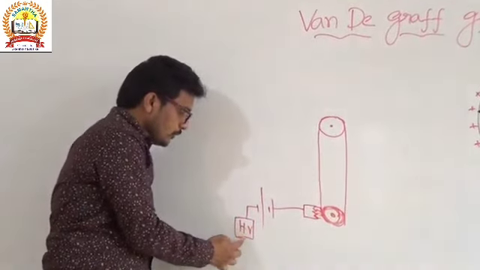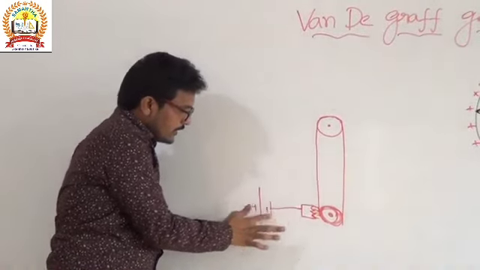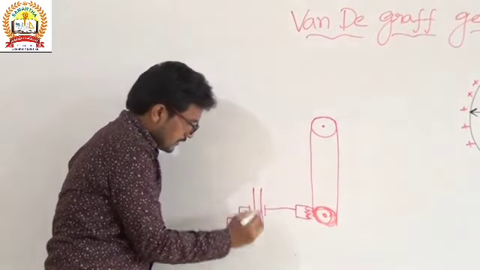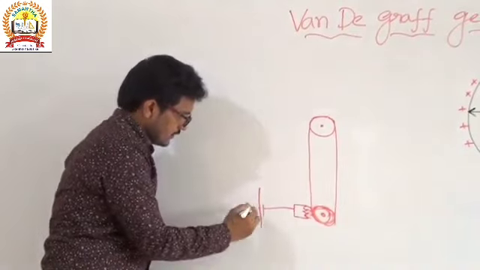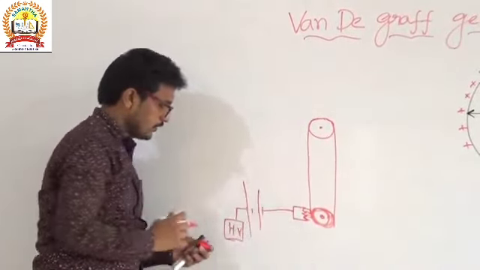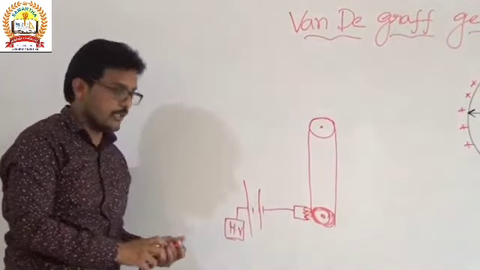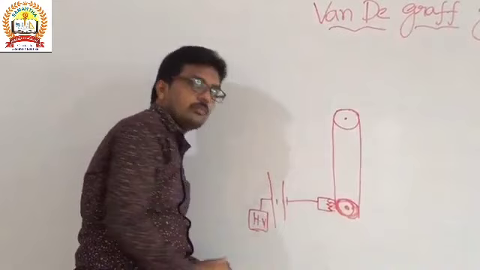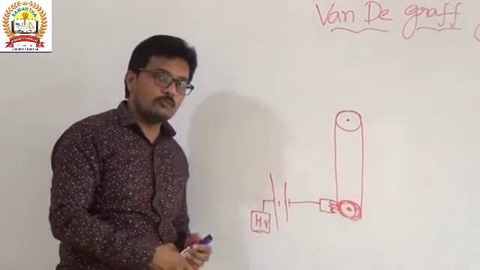And now the voltage is passing, like from a high potential to a lower potential, through the comb that we call the emitter comb.